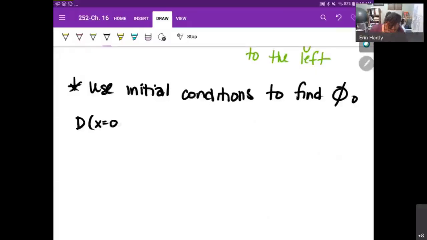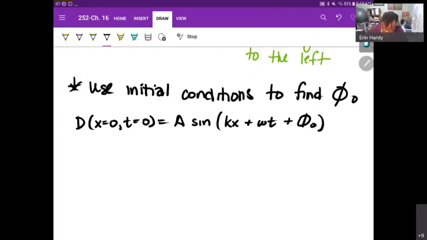I'll say x is equal to 0, t is equal to 0. This is going to be equal to A times sine of kx plus omega t plus phi naught, but I can plug some zeros in here. I know that x is going to be 0, so that's going to cancel out that term that is the product of k and x. I also know that t is equal to 0, so I'm going to end up with 2 zeros plus phi naught.